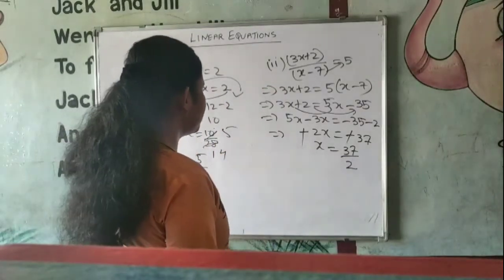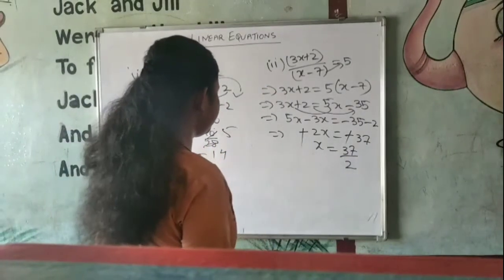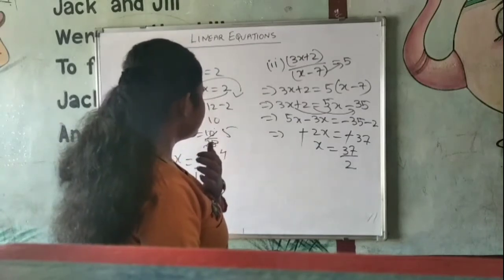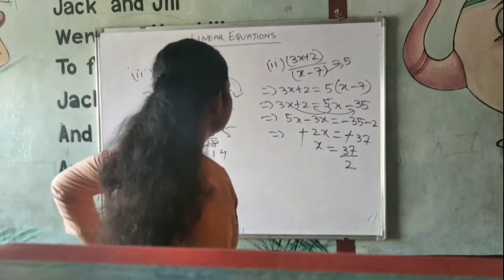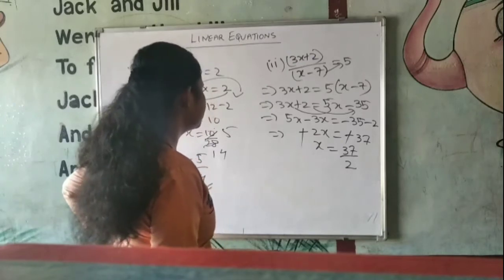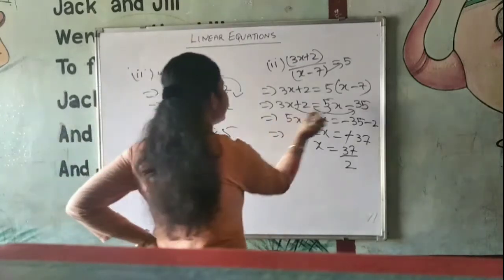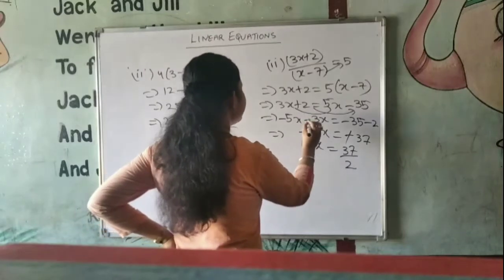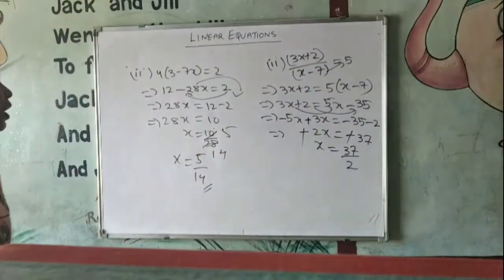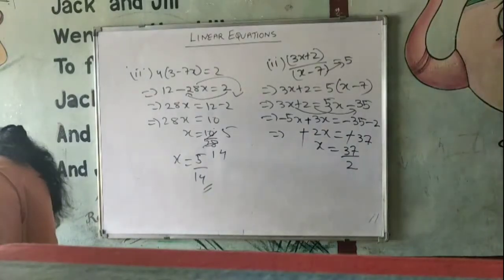Okay. This minus 5x plus 3x, yes. Now you can do that. Okay. So in this way you can do that.